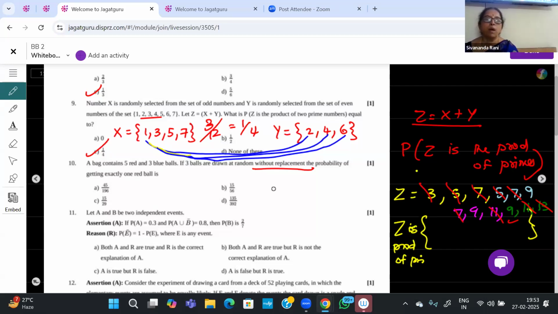What did you get? 1 red ball can be chosen in 5C1 ways. And the remaining 2 should be blue necessarily. So 3C2 divided by 8C3. Okay. Tell me what it simplifies to.